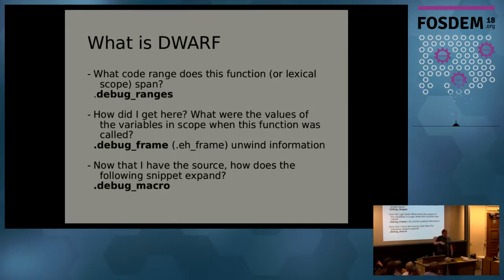It even provides, although most compilers don't emit it directly, macros, so that if you have the source and you want to copy paste it, you can use the macros to expand all the defines in your code.